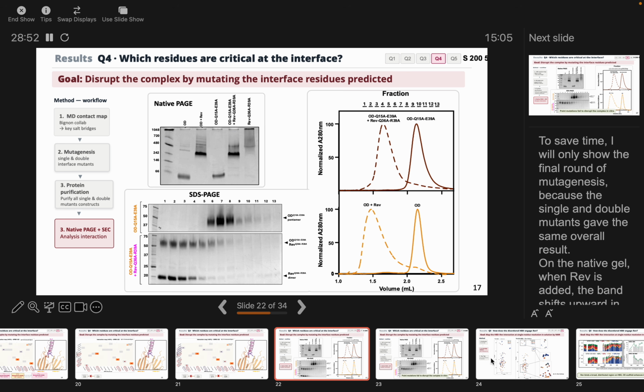So I think it should be mentioned SEC here and not fraction. Here you can put the fraction here. And there is something weird because here the maximum of the peak is 4, so it seems to be a little bit shifted.